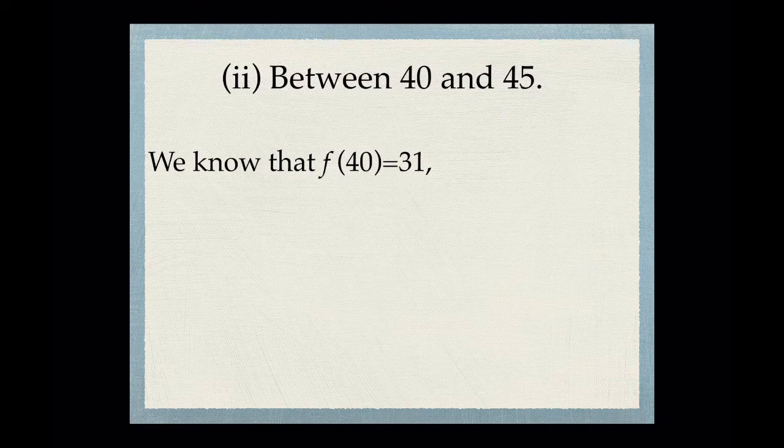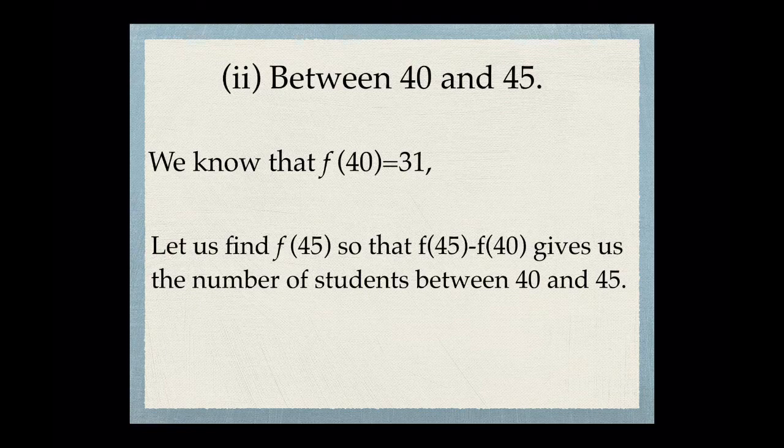So can there be a logic like, if I find f of 45, I mean the students who have scored below 45 marks, and I subtract from that number the students who are below 40, then can I say I am getting the number of students in between 40 and 45? With that logic, yes, we will find f of 45, so that f of 45 minus f of 40 gives us the number of students between 40 and 45. Is it clear?